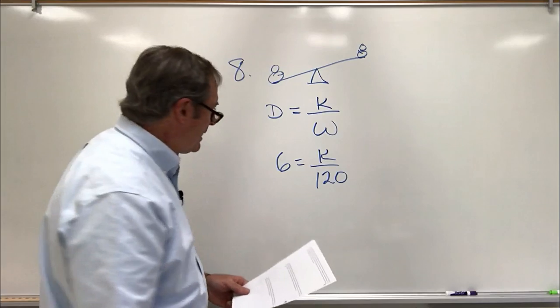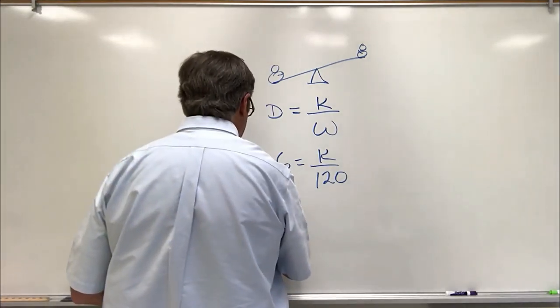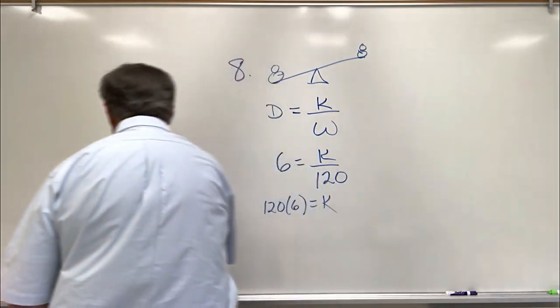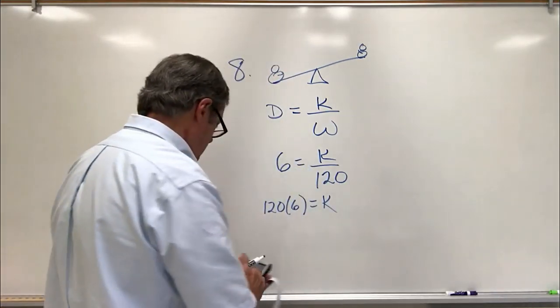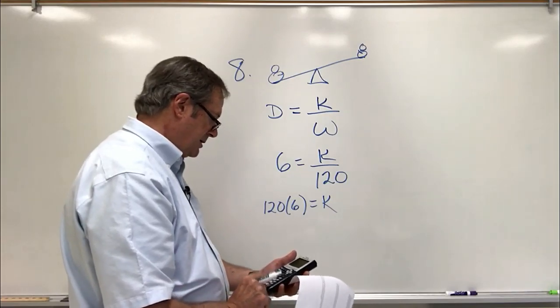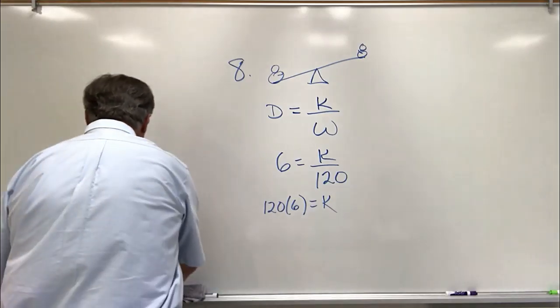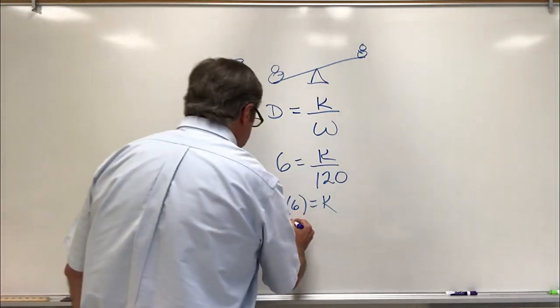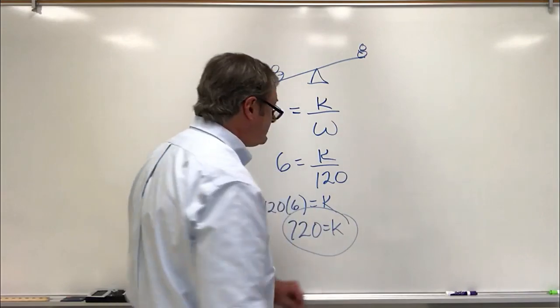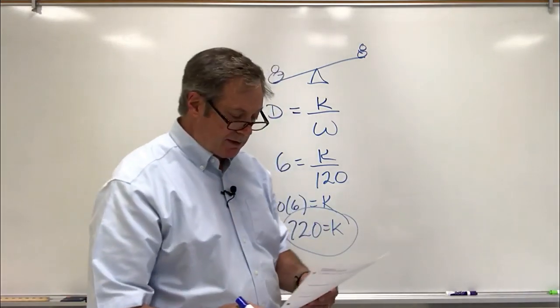So to solve for K, we're going to multiply both sides by 6. And I don't want to make a mistake, so I shall do this. 120 times 6 is 720. So the constant is 720.